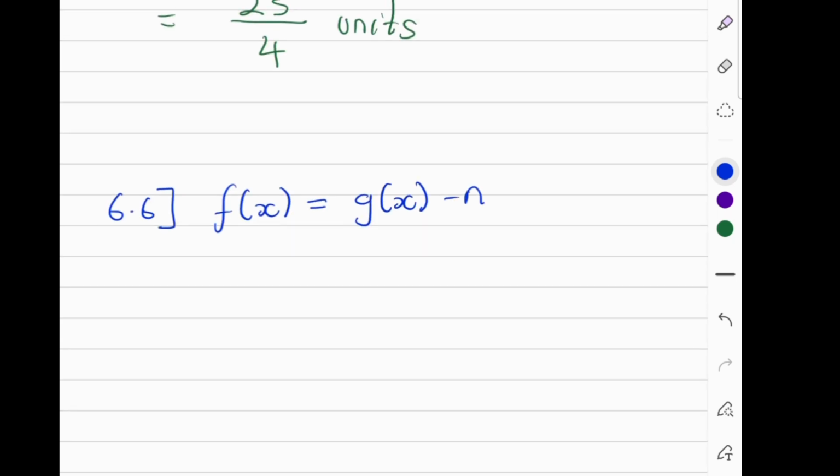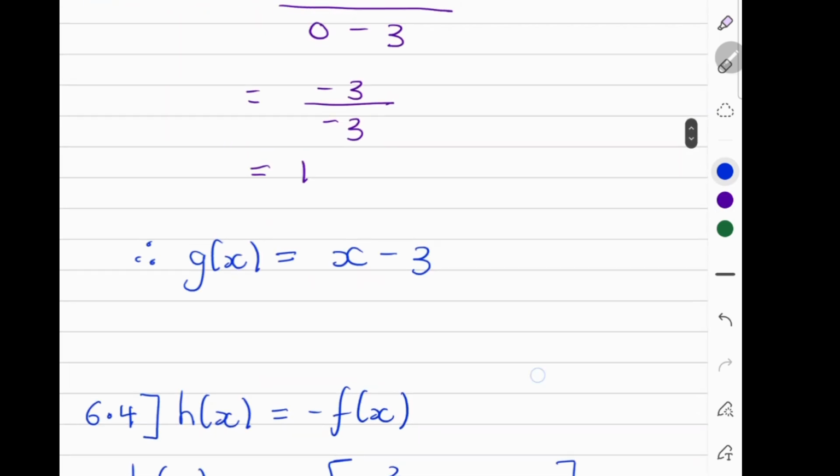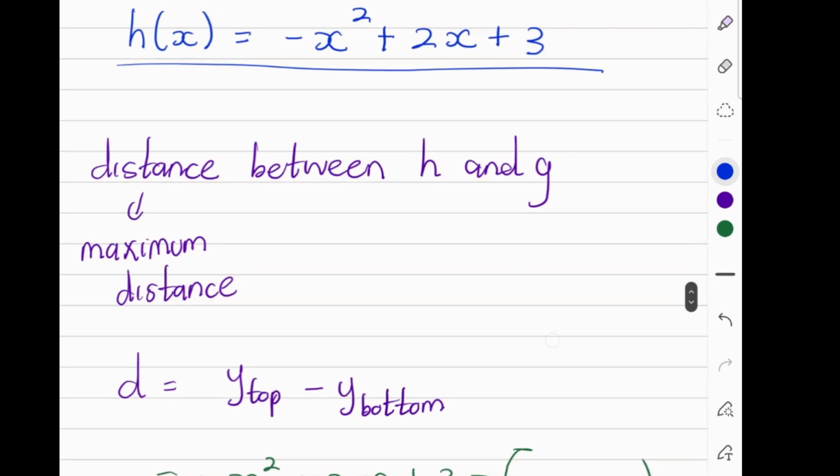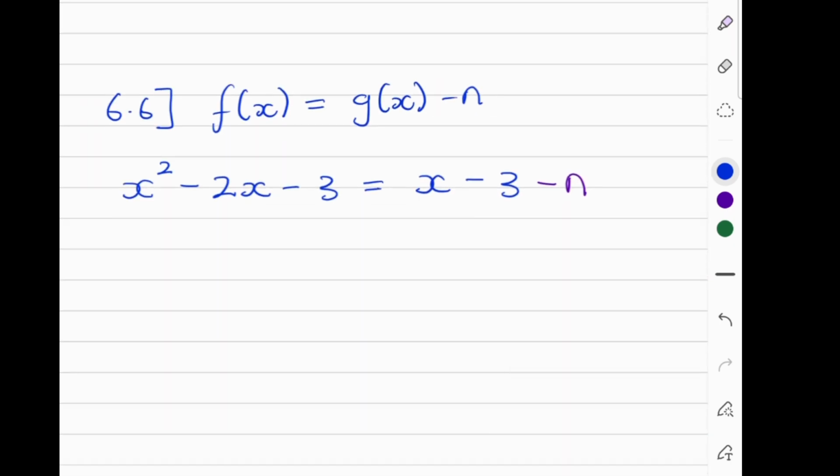So remember that f of x is x squared minus 2x minus 3, and g of x is x minus 3, and then you also have this minus n right here. Let me just double check. So now I've equated these two graphs.